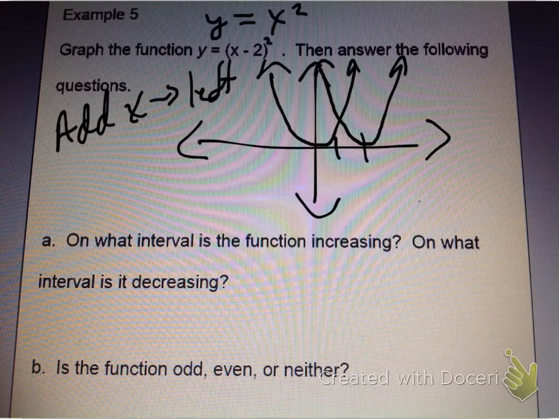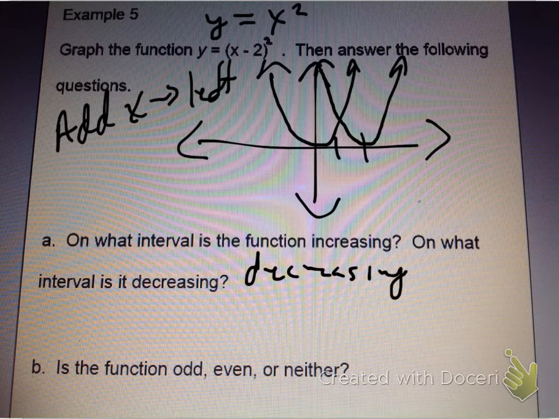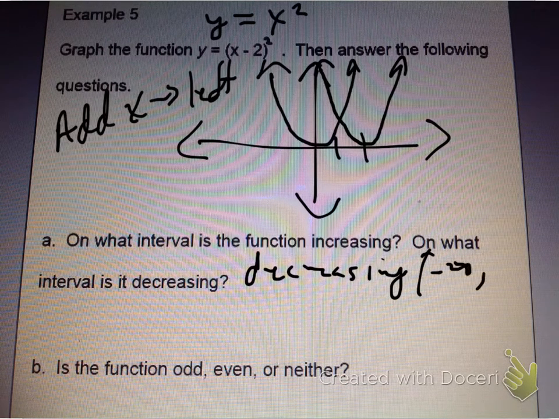On what interval is this function increasing? Let's do decreasing first, because I like reading it from left to right. It is decreasing on the interval from negative infinity to 2, and we're closed on 2.